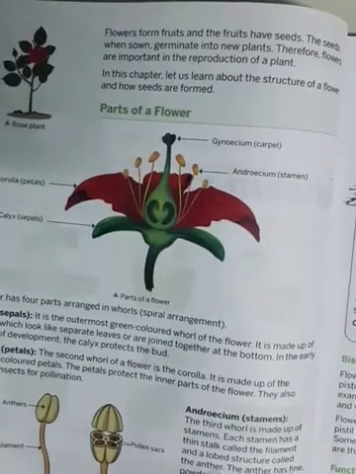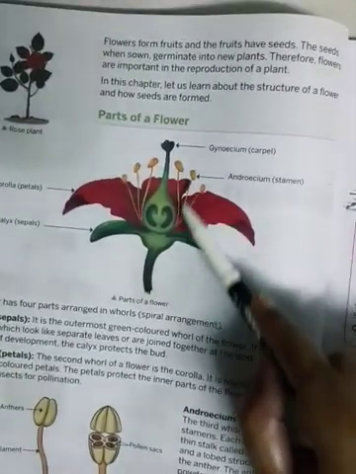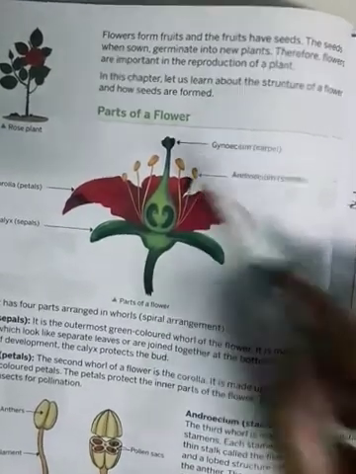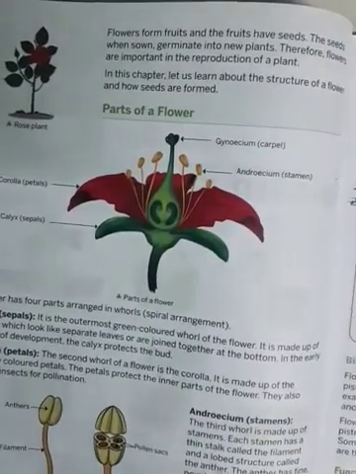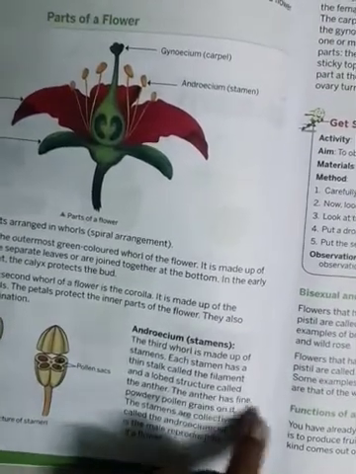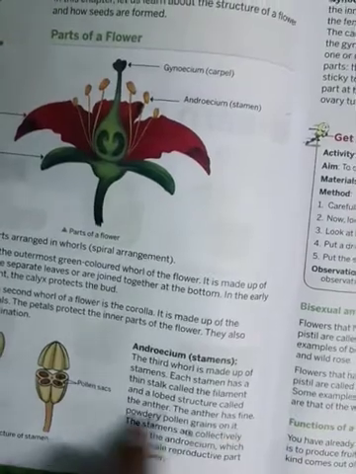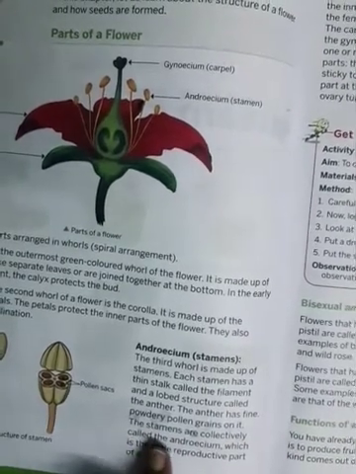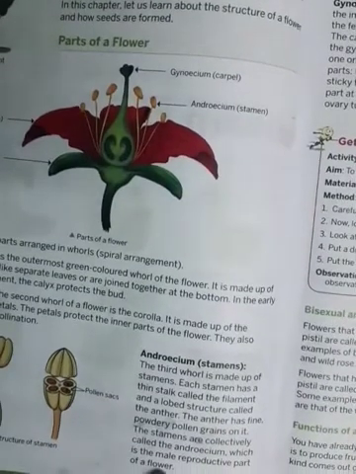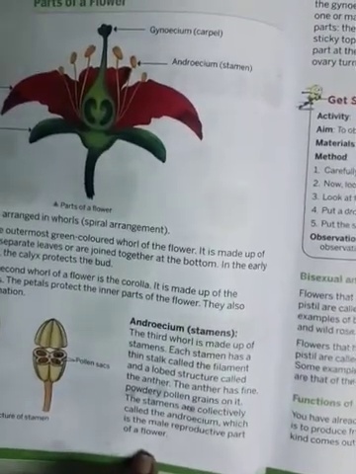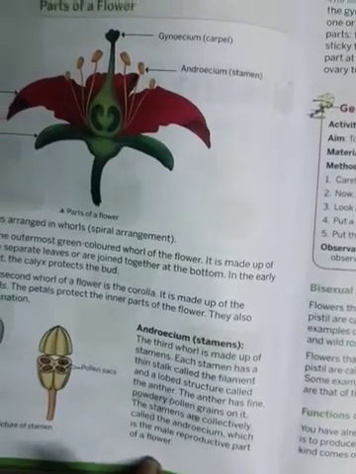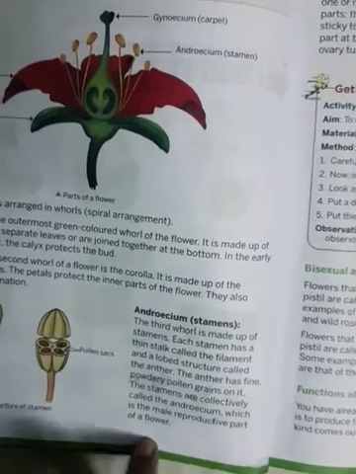The first one is the stalk part, which is called the filament, and this part, okay, the lobe structure is called the anther. Okay, the anther has powdery pollen grains on it. The stamens are collectively called the androecium, which is the male reproductive part of a flower. So which is the male reproductive part of a flower? The androecium is the male reproductive part of a flower. Okay.